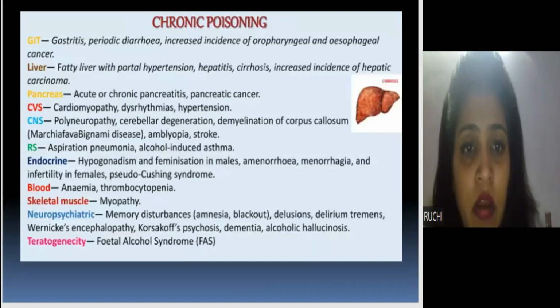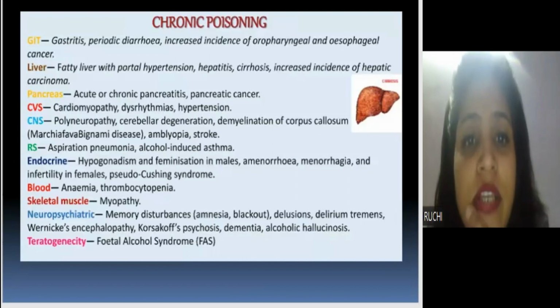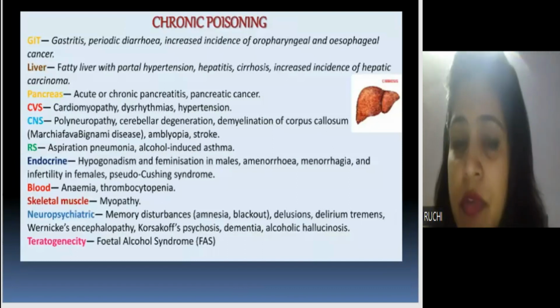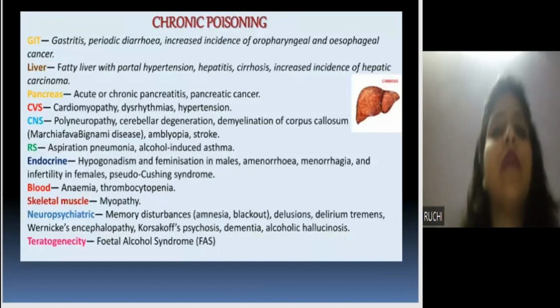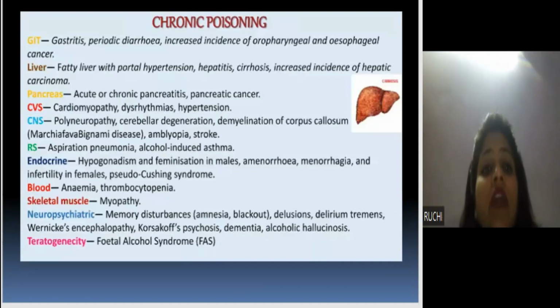Chronic poisoning. In the GIT, chronic poisoning can lead to periodic dry diarrhea. So sometimes people come with the complaint of chronic gastritis, periodic diarrhea. So the history of chronic ethanol intake is very important. In the liver, hepatitis, cirrhosis, increased incidence of hepatic carcinoma.